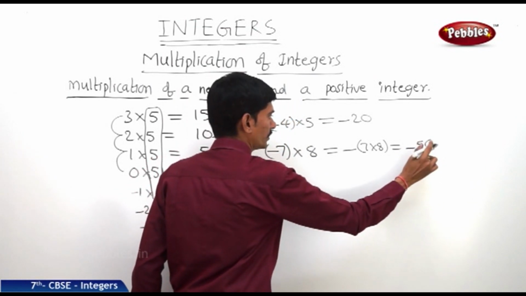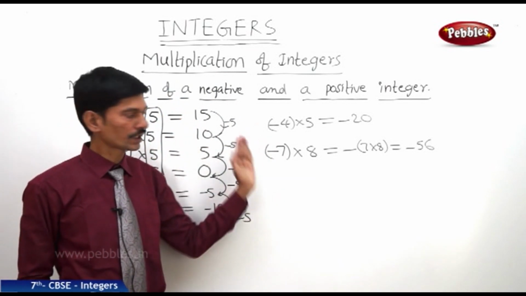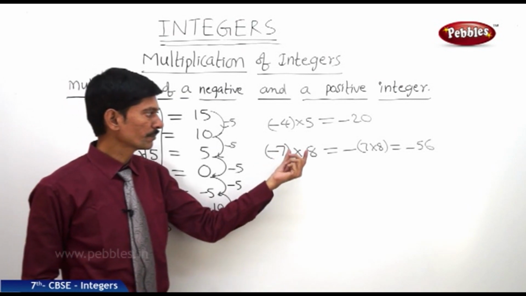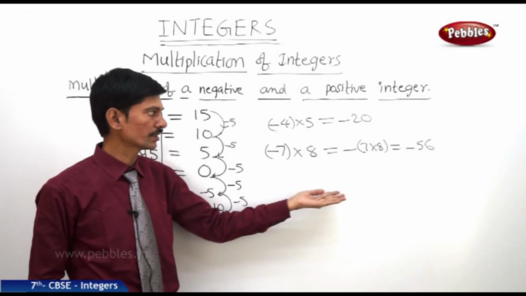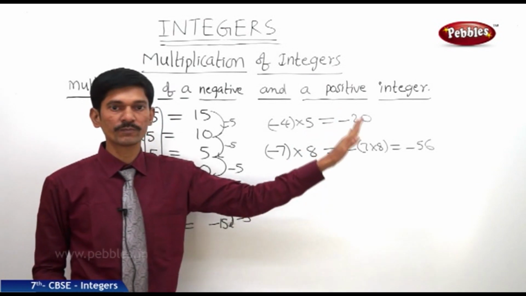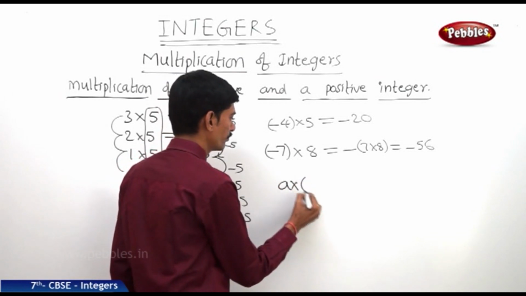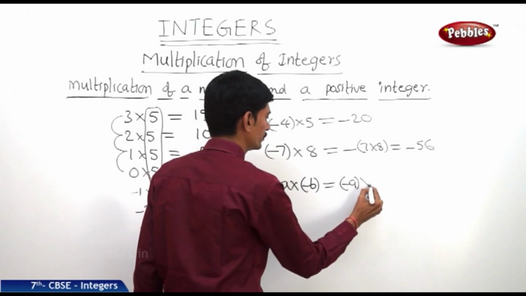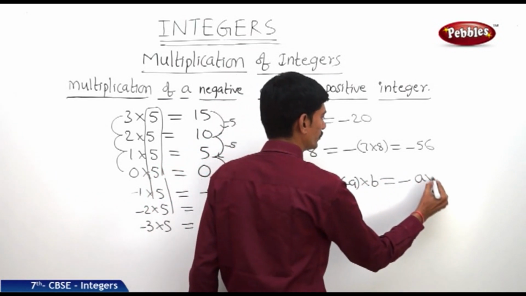So when you multiply a positive integer and a negative integer, or a negative integer and a positive integer, then we multiply the two numbers as we multiply whole numbers and we write the minus sign before the product. So in general, a into minus b equals minus a into b.